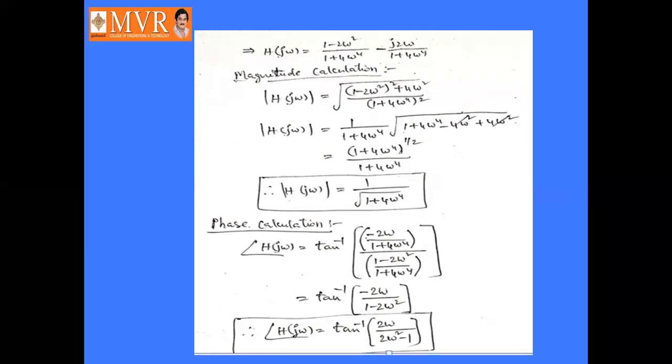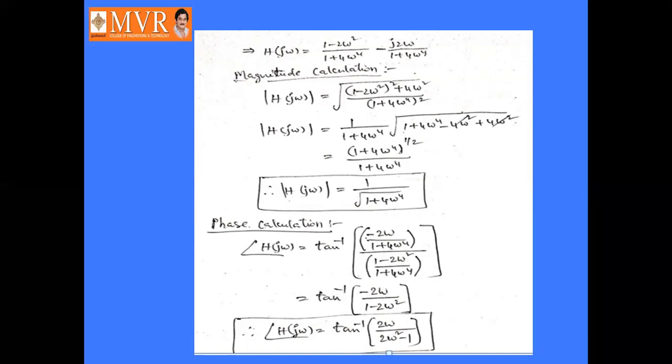So that it will become 1 plus 4 omega power 4 whole power 1 by 2 by 1 plus 4 omega power 4, or mod h of j omega is equal to 1 by square root of 1 plus 4 omega power 4, that is the magnitude of the transfer function.